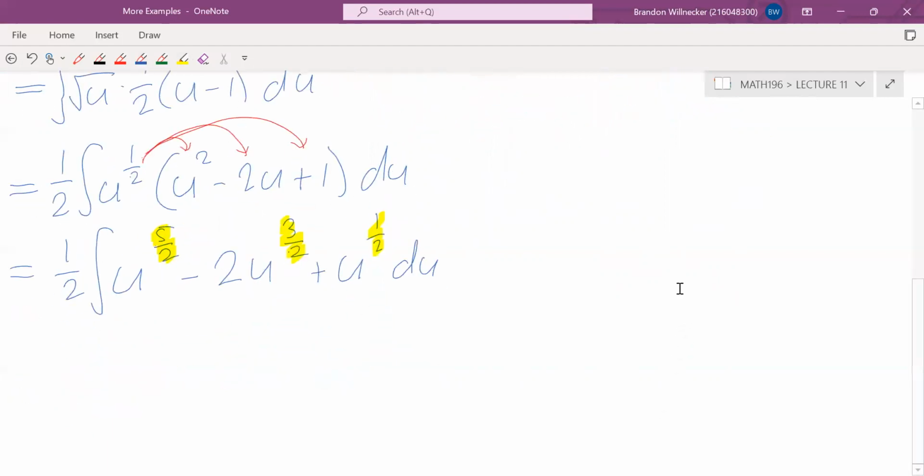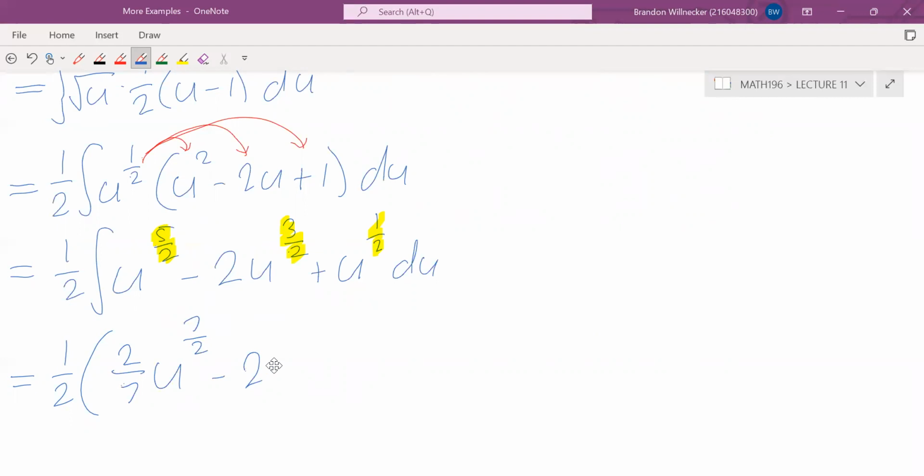So let's do that. So we are going to get 1/2. The antiderivative of u to the 5/2, we need to add 1 to the exponent to make it 7/2, and then divide by that, so we get 2/7 u to the 7/2, minus 2 times.